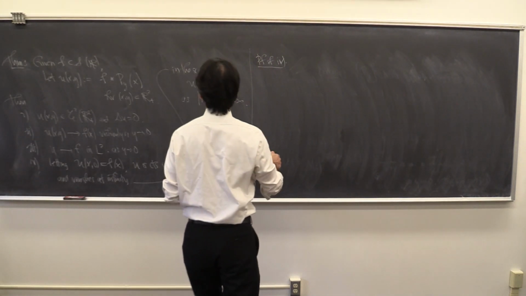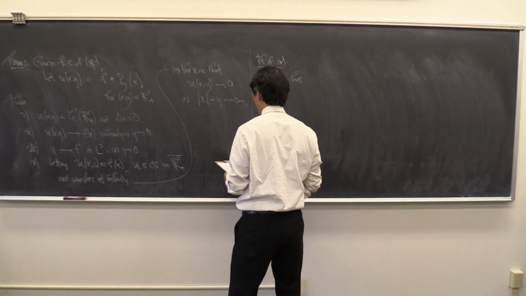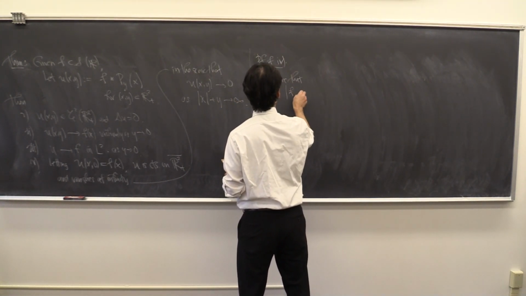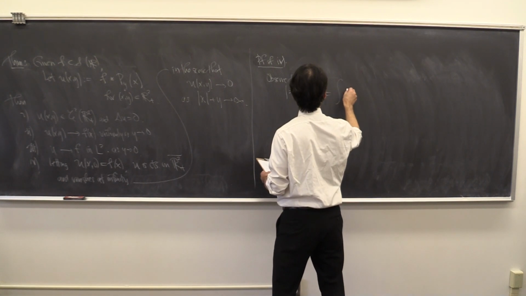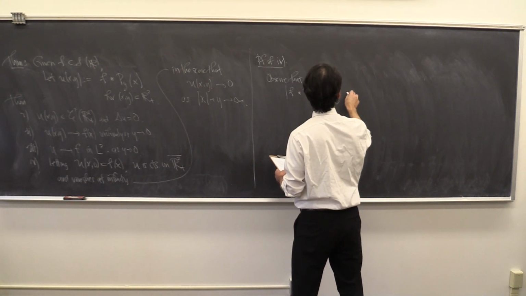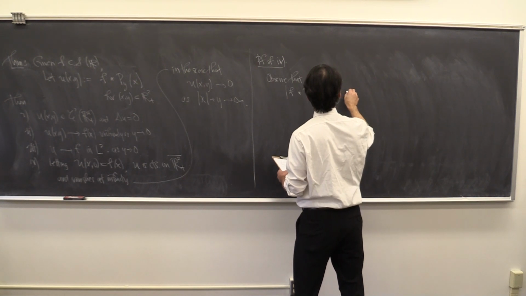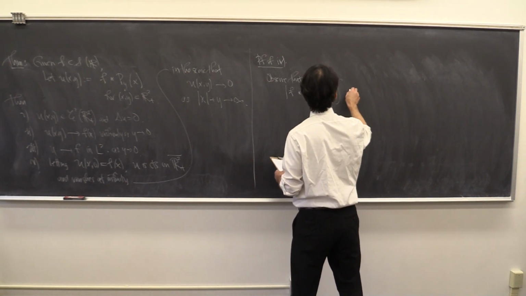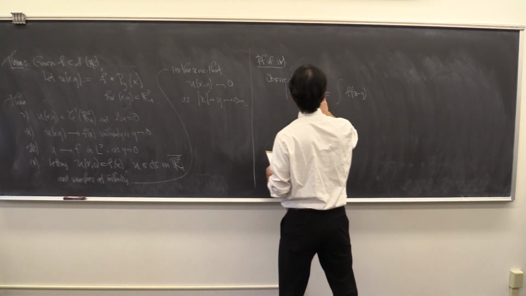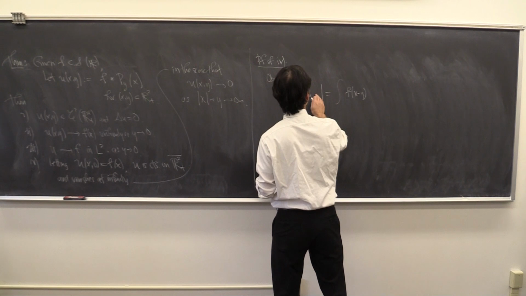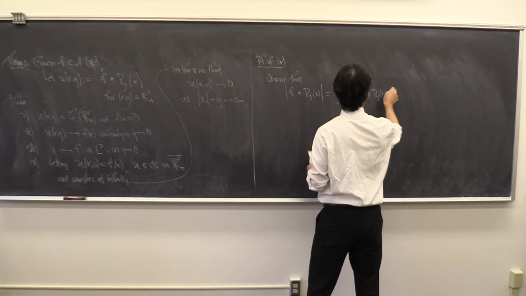Okay, so the first part. First you observe that when you convolve f with the Poisson kernel, you get the integral of f of x minus t, p sub y of t dt.